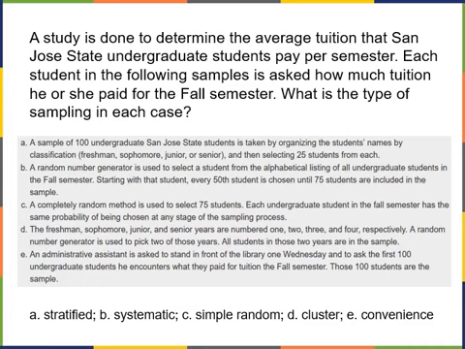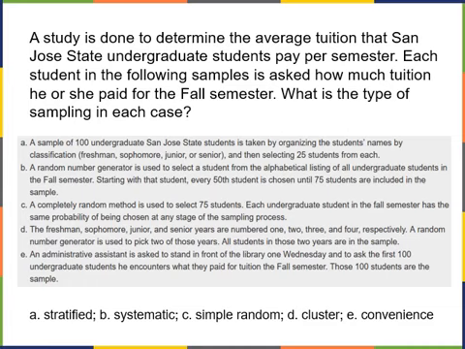Again, we're taking our sample, and we are separating it into, looks like, 4 different categories. Okay, 4 different strata, and then we're selecting 25 students from each. So that gives us 100. Okay, B is when we use a random number generator, and then we get whatever the first one is with the random number generator, and then every 50th student is chosen until we get 75 students included in the sample.